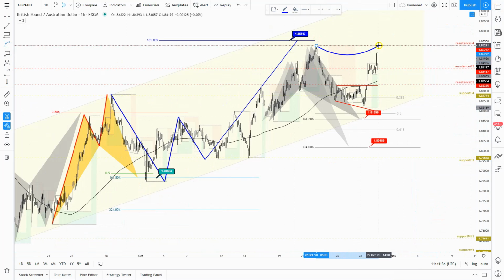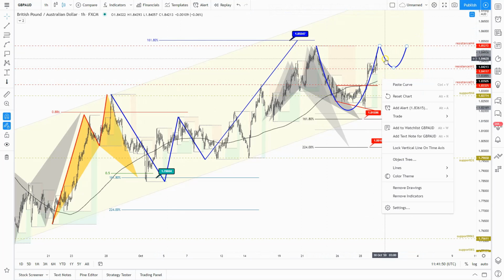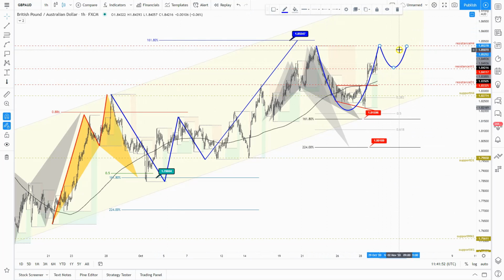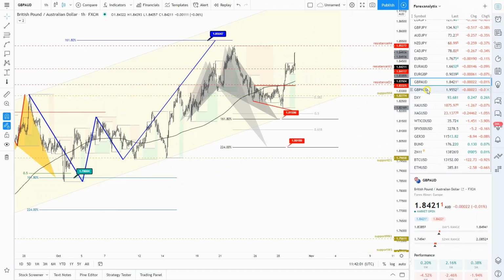The same way I projected those cup and handles, those inverted cup and handles. Let's wait and see if the market decides to approach that fractal resistance and then create our handle, which may be triggered above the fractal. So if the market decides to violate this resistance, eventually it will trigger the cup and handle.